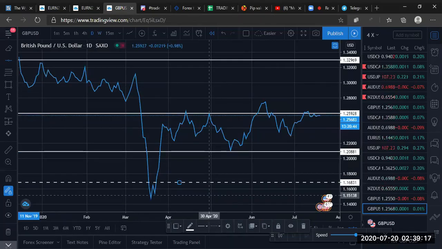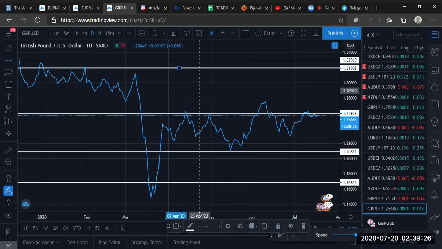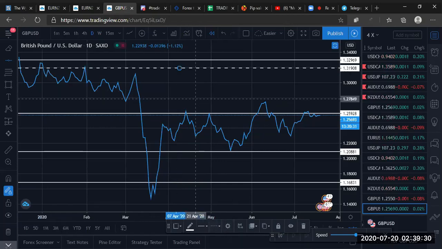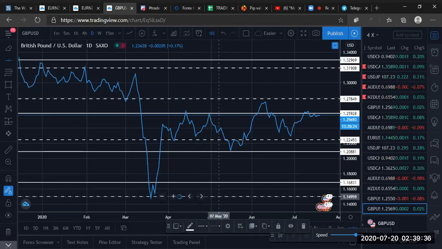Get the diagnose. Go back. That's cool. Come up here. This is a strong area. Throw the dotted line. This is a strong area. This down here is a strong area. And these down here will be strong areas.